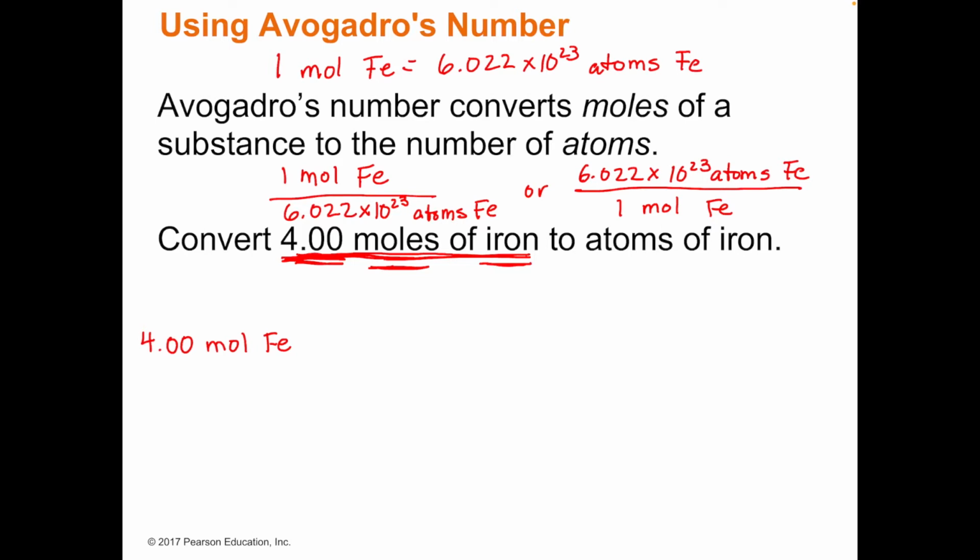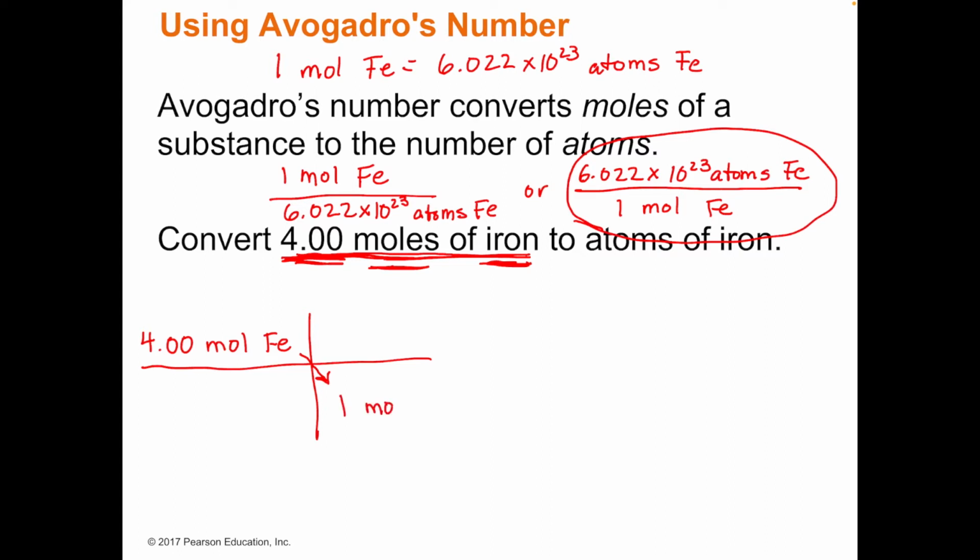That's going to be really important because we're actually going to change substances halfway through our train tracks. So it matters that it's iron and not something else. So we have 4 moles of iron. We'll make our train track. If we have moles of iron in the top left, we are going to cancel down to the right moles of iron. That means that we are going to need this one on the right, because moles of iron has to cancel moles of iron.